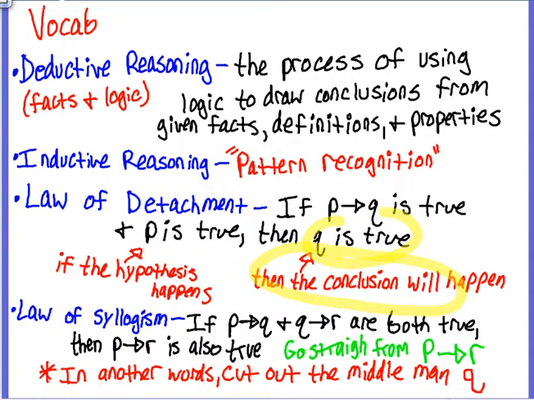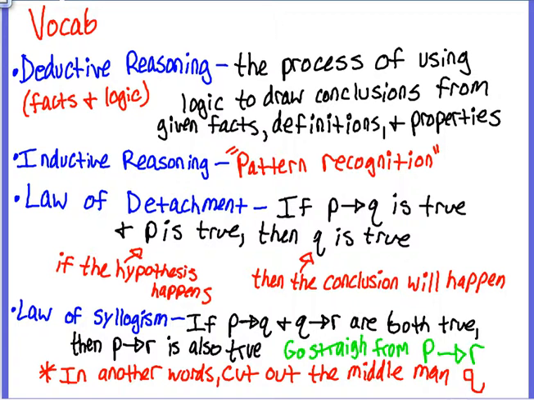So let me give you an example. Let's say a guy tells his girlfriend, hey, if I get paid this week, then I will take you to the movies. So in that example, if I get paid this week, that's the hypothesis, because it depends on whether or not he gets paid. Alright, later this week you find out he got paid.